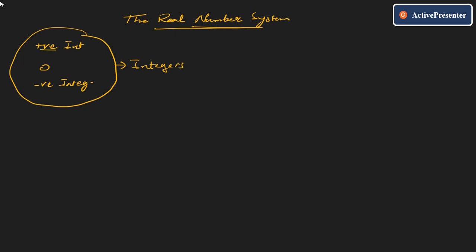We know that positive integers are natural numbers. So integers are positive integers, 0, and negative integers.